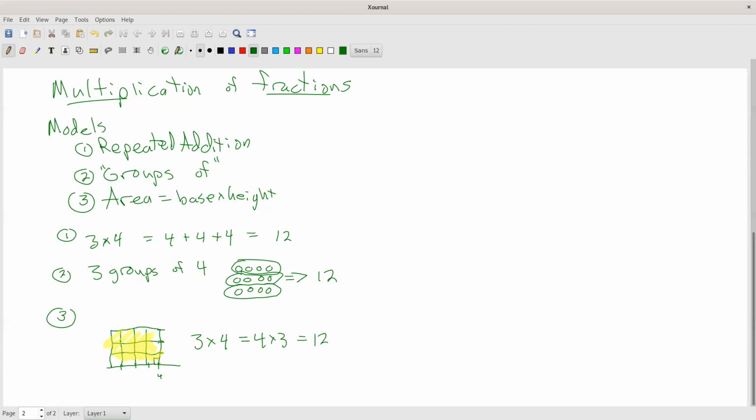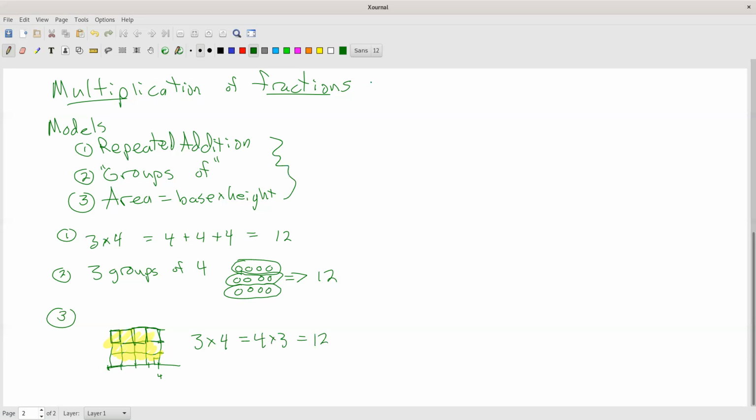And I can see there are 12 squares in here, and I meant those to be squares. So we'll try those ideas with fractions. So those are models. What does multiplication mean? Multiplication means one of these 3 things.